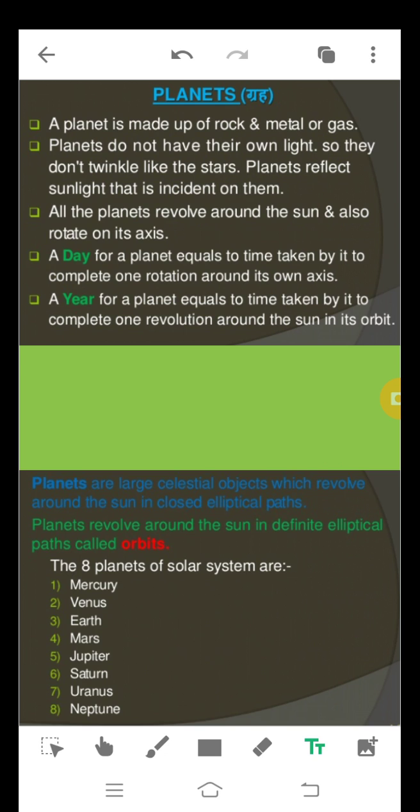There are 8 planets in our solar system. I hope you all know their names. The names are Mercury, Venus, Earth, Mars, Jupiter, Saturn, Uranus, and Neptune.